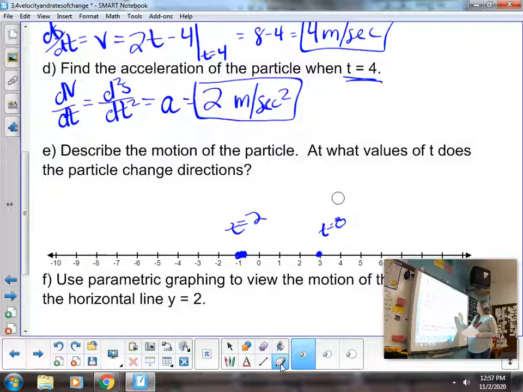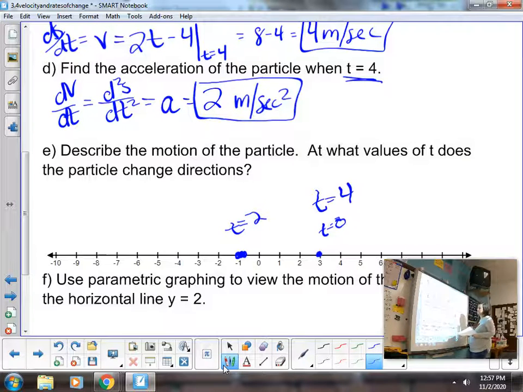So we need to be sure that we have checked to see all the places where we are changing direction. You are going to change direction where your velocity is equal to 0.